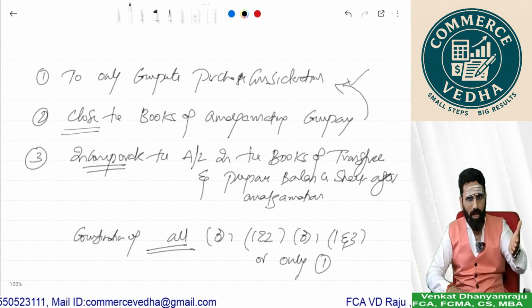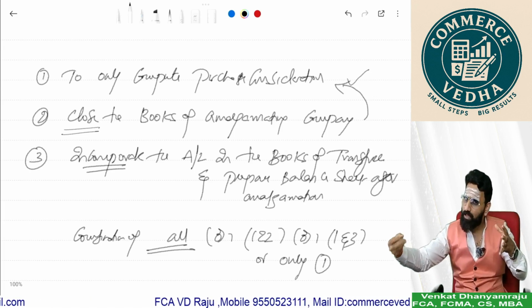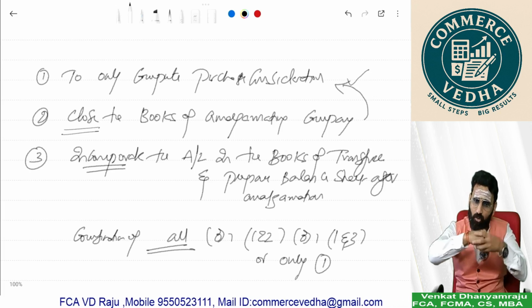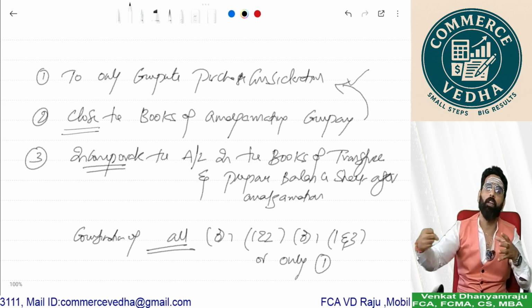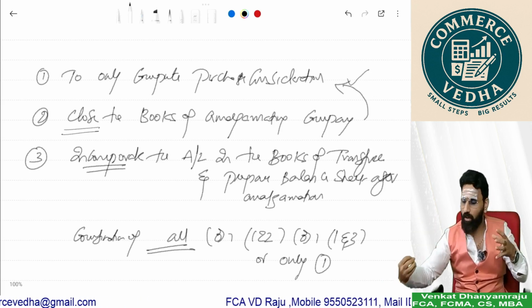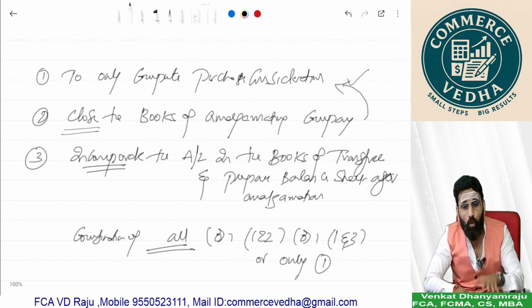Or A acquires B. Here B loses its existence, and A continues to carry on the business with the assets and liabilities taken over from B. This is technically called absorption, but as per AS 14, amalgamation includes absorption.